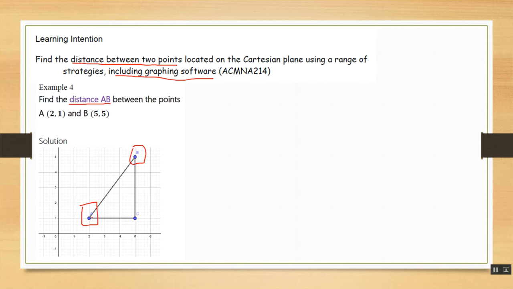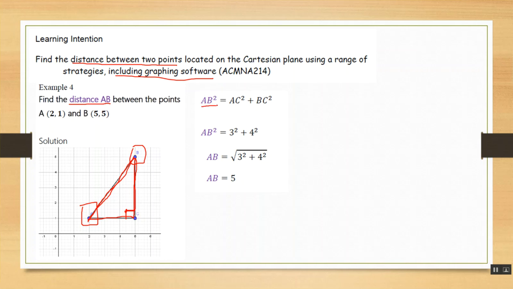And you can see that I've made a right angle triangle in GeoGebra to remind you of Pythagoras' theorem. So the distance from A to B, if we square that distance, it's the same as AC squared plus BC squared.